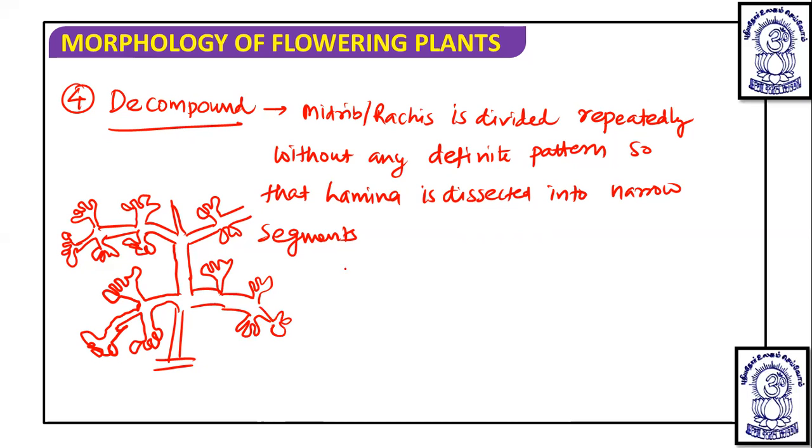So irregular segments are found. And this decompound is seen in one of the known examples for you, that is coriandrum. And apart from this, there are carrot and parthenium, which show this pinnately compound leaf.